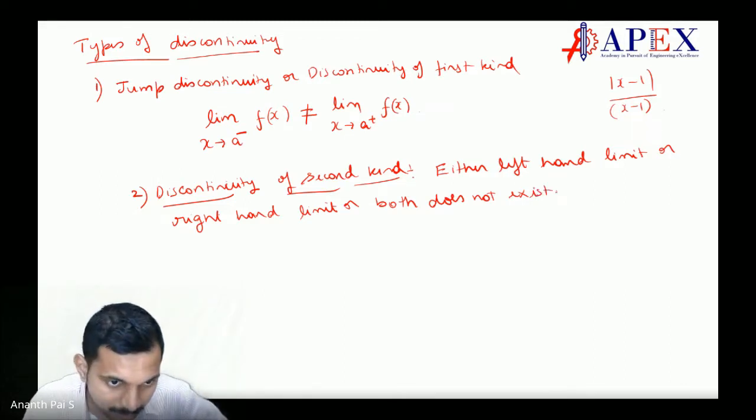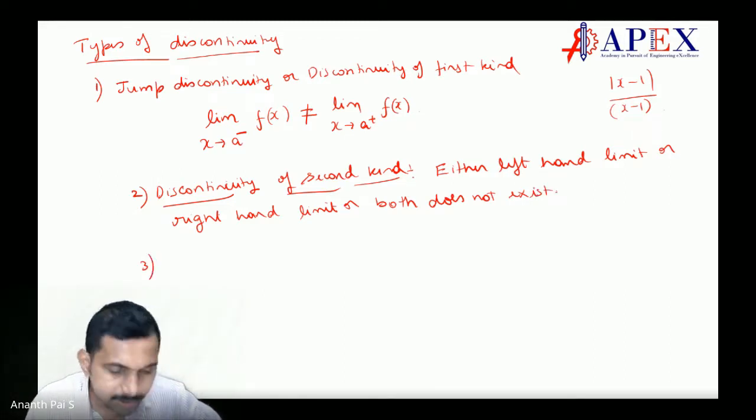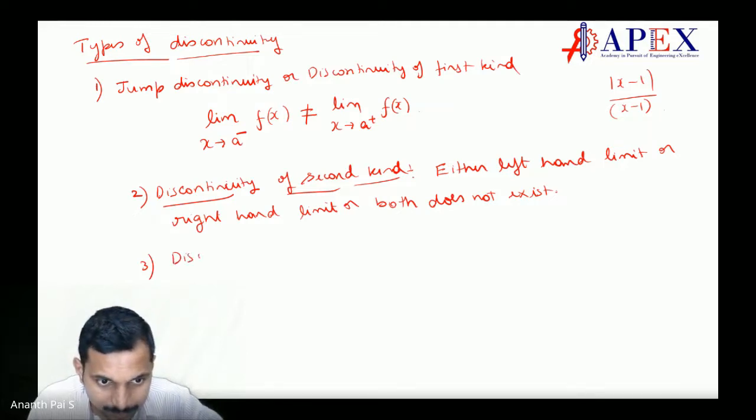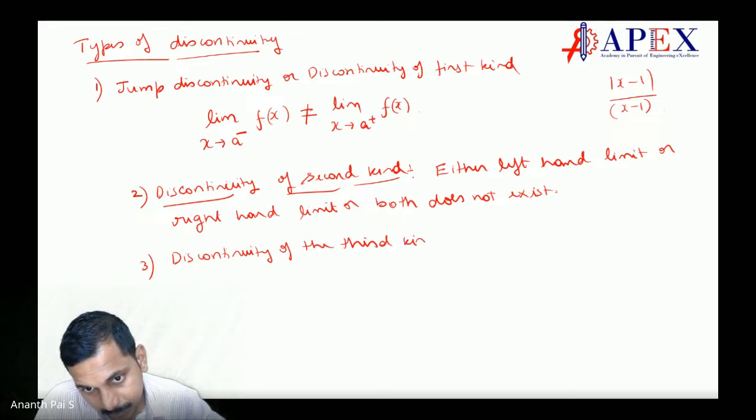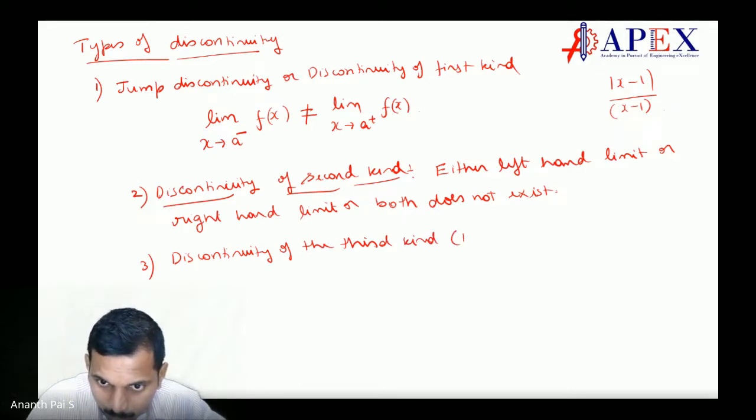Very important. Third one, discontinuity of the third kind, which is also called a removable discontinuity.